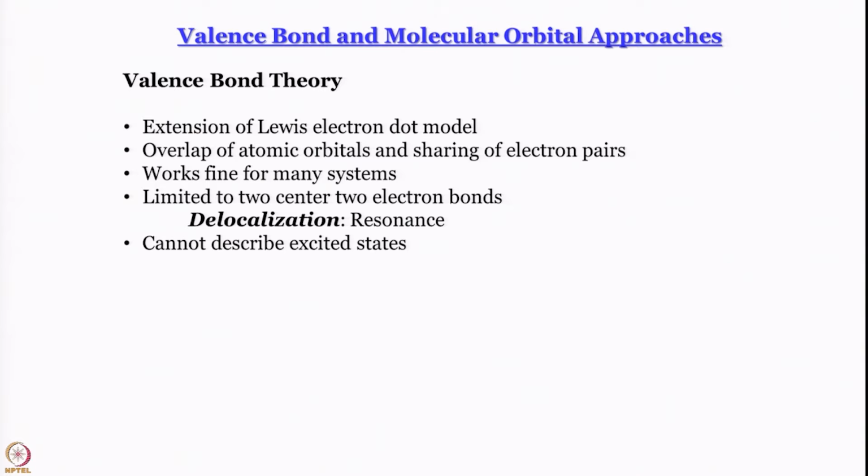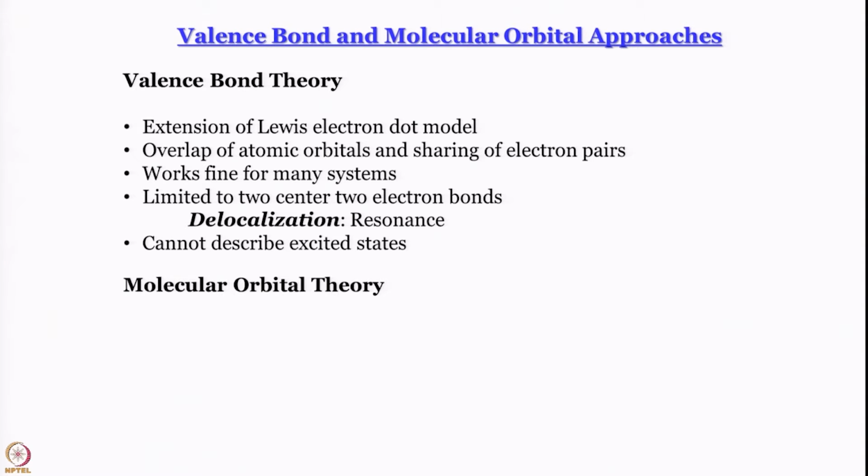As we might have mentioned in passing earlier, there is a lot of chemistry in excited states as well. All the photochemistry that you see, the very fact that you see, the process of vision, all that has something or the other to do with excited states, and valence bond theory is definitely limited to the ground state only, nothing else. So, that is a very severe problem with valence bond theory.